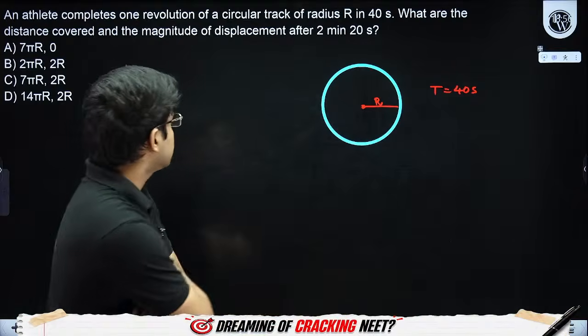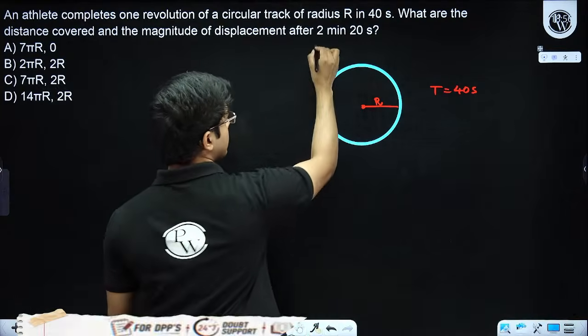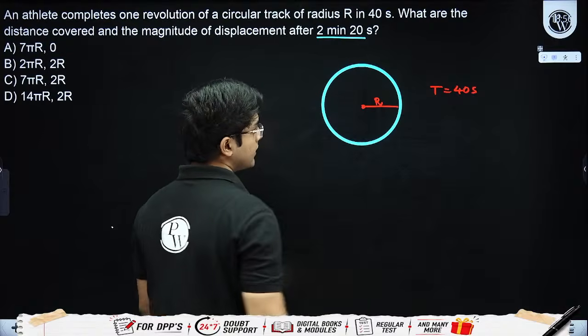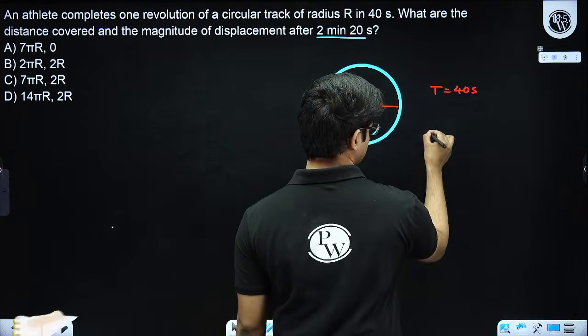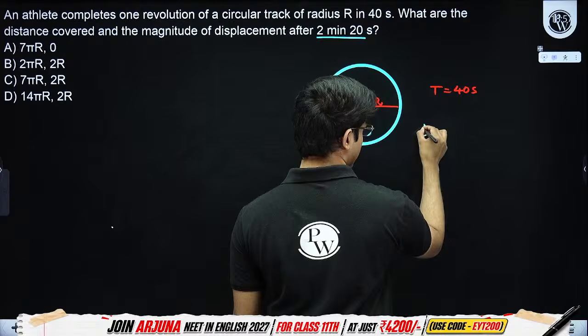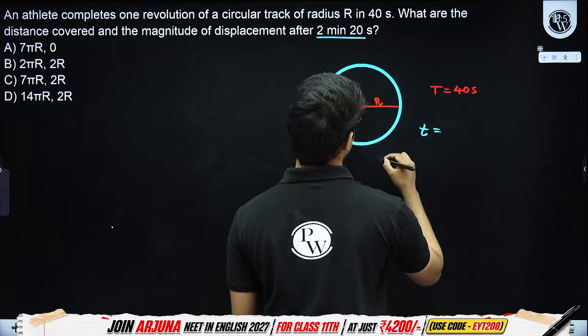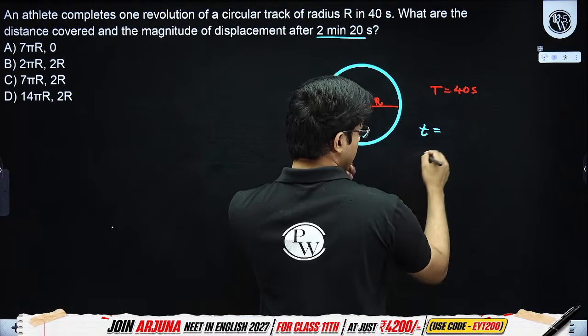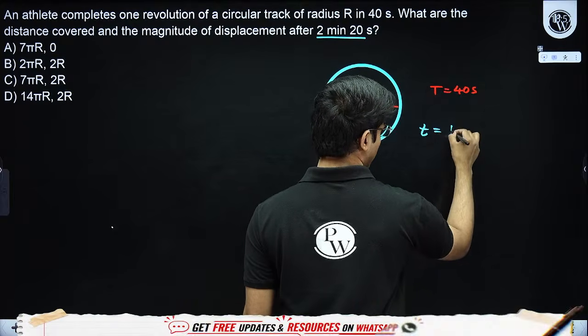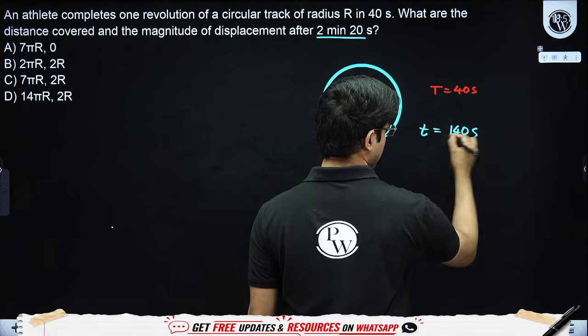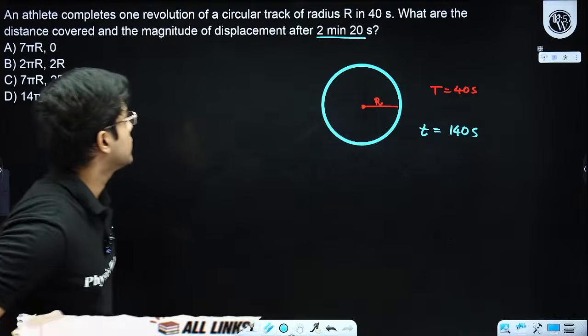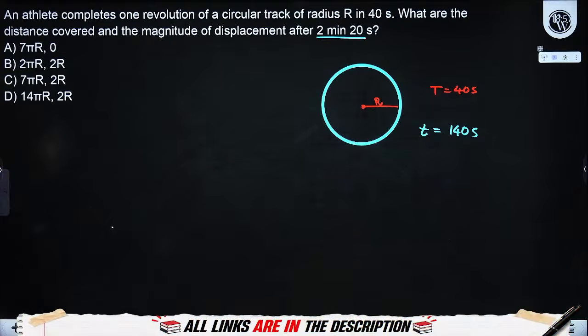So then the question is, in 2 minutes and 20 seconds, so the duration, if I use the symbol small t for this, 2 minutes is 120 seconds, 120 plus 20. So in 140 seconds, they're asking how much distance and displacement does he cover?